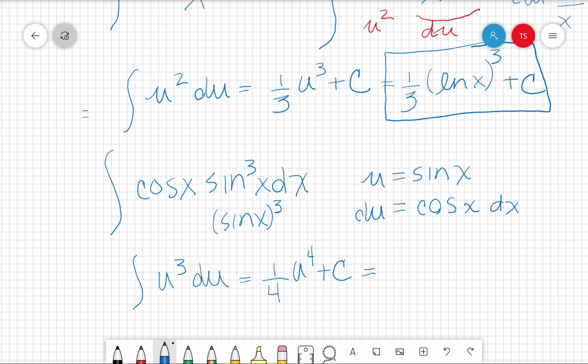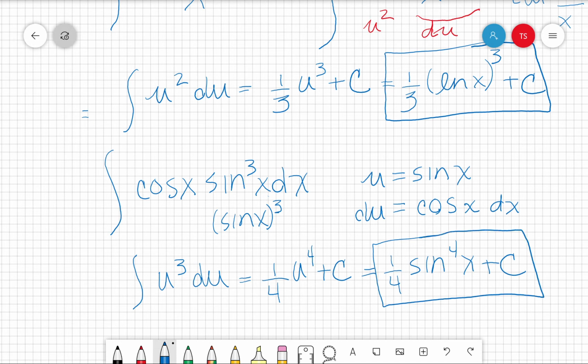Substitute back in sine x for u, and we have 1/4 sine to the 4th x plus c. So what you should notice from all these examples is once you've used your du, it goes away. That cosine x is no longer part of the integrand because you're replacing that with du, and now this is just saying integrate with respect to u.